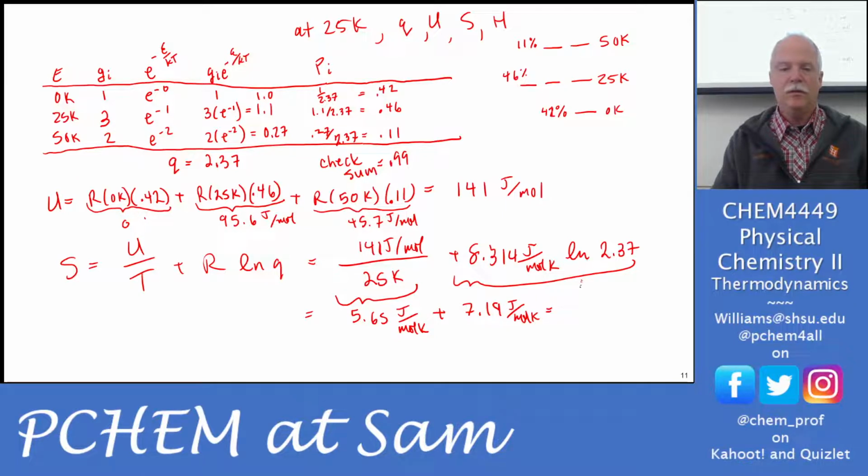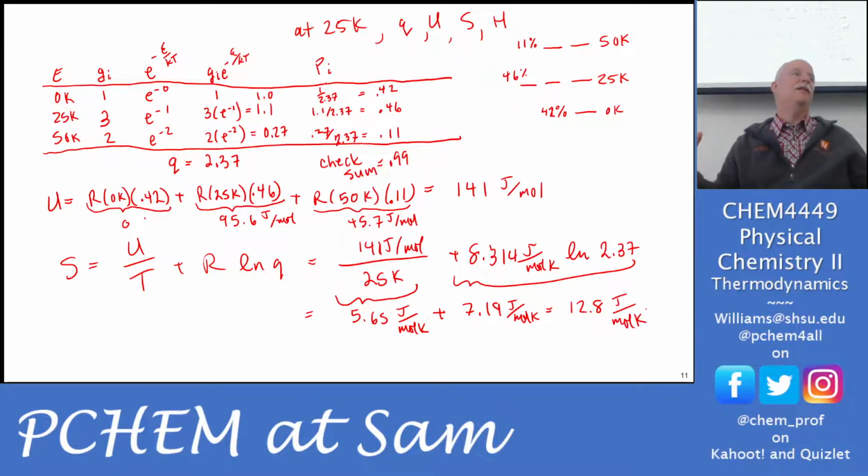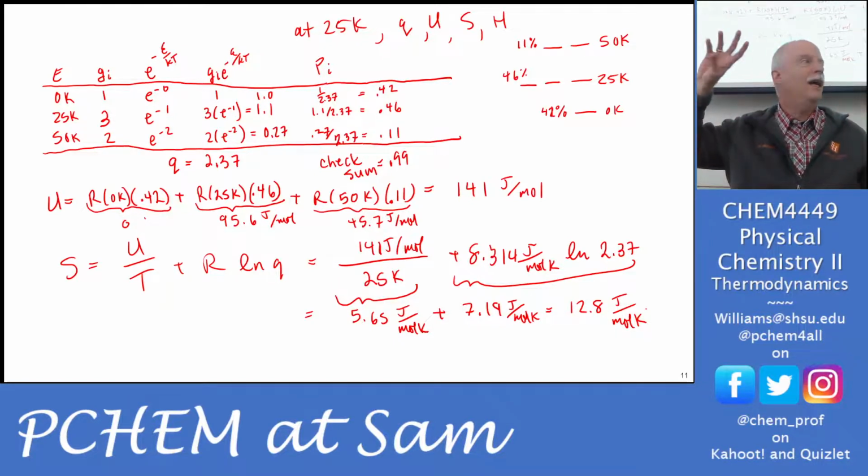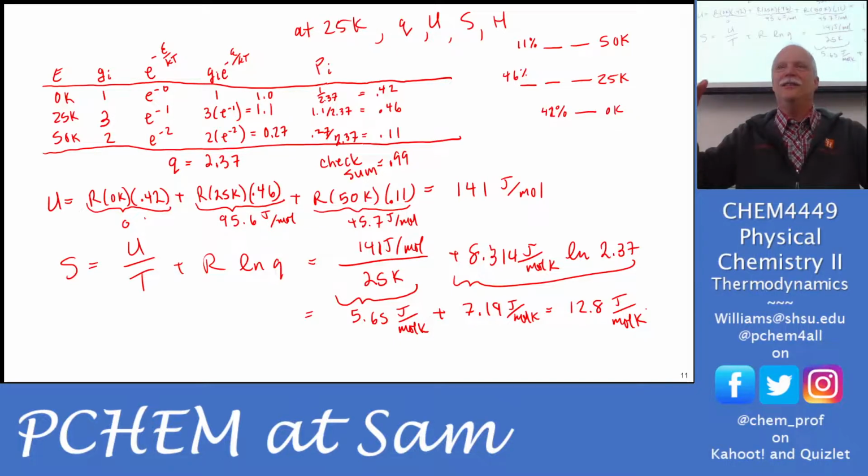Okay, so the total, we got 12.8 joules per mole Kelvin. Again, we've increased the entropy, and we didn't change the temperature. Just by adding more chaos to the system. We've added 3 degenerate levels in the second level, 2 in the upper, and there's more options. Again, entropy goes up if you have more options, even at the same temperature.